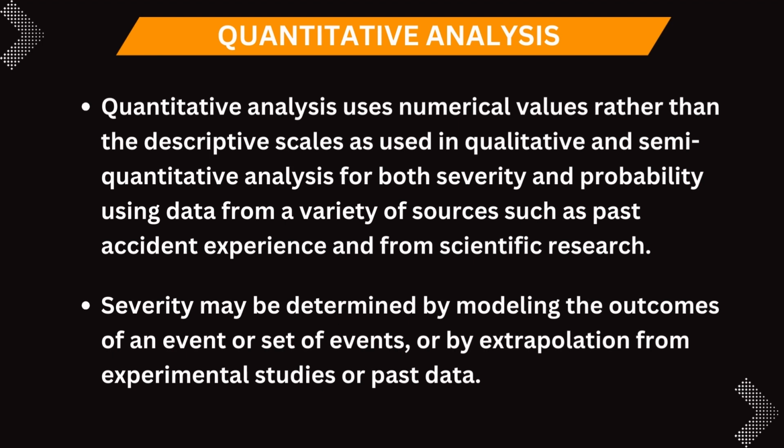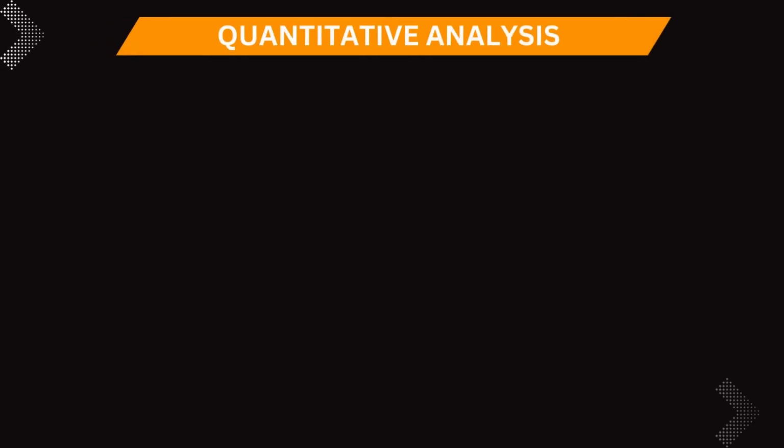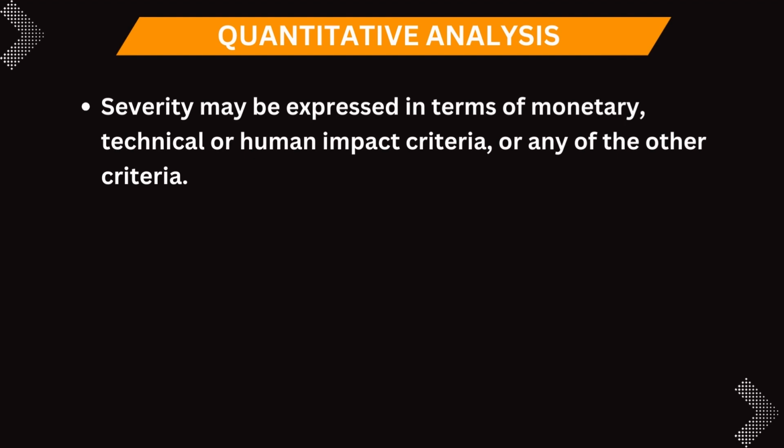Severity may be determined by modeling the outcomes of an event or set of events, or by extrapolation from experimental studies or past data. Severity may be expressed in terms of monetary, technical, or human impact criteria, or any of the other criteria.